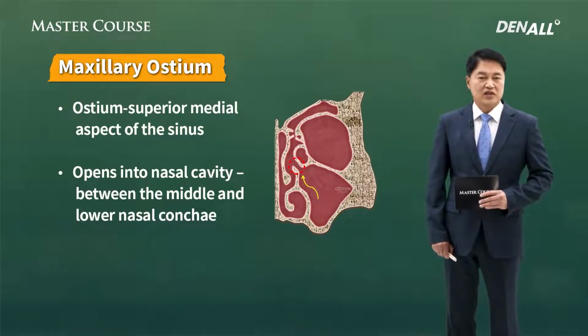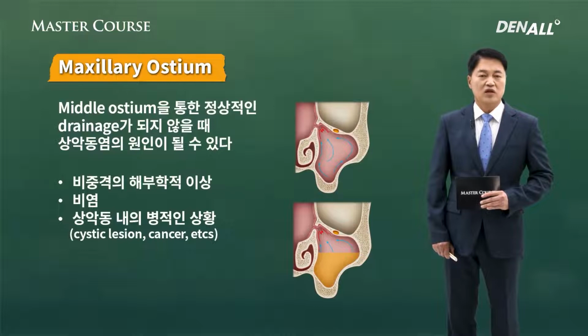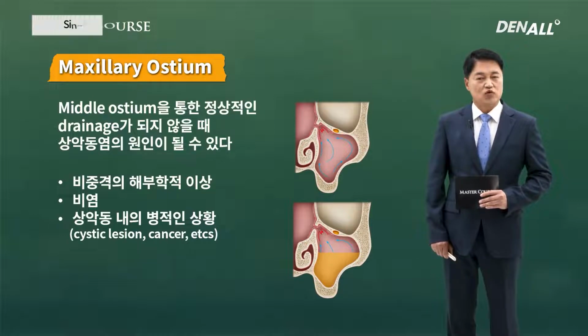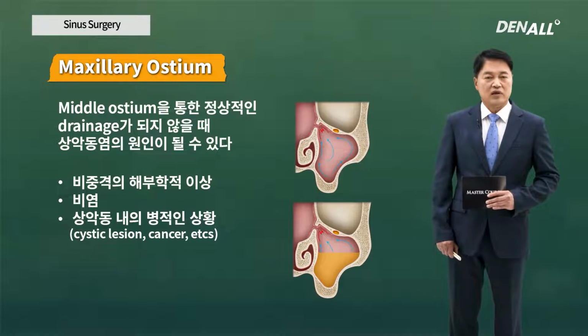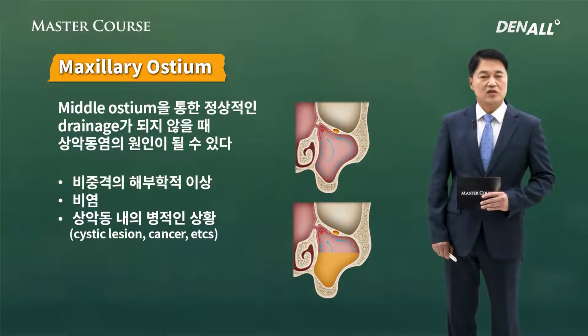If the patency is not maintained and is blocked, normal drainage becomes impossible and can lead to sinusitis. Anatomical abnormality within sinus, rhinitis, and lesion within sinus. These situations can occur, and if you have to do bone graft, you need to check patency of maxillary ostium.